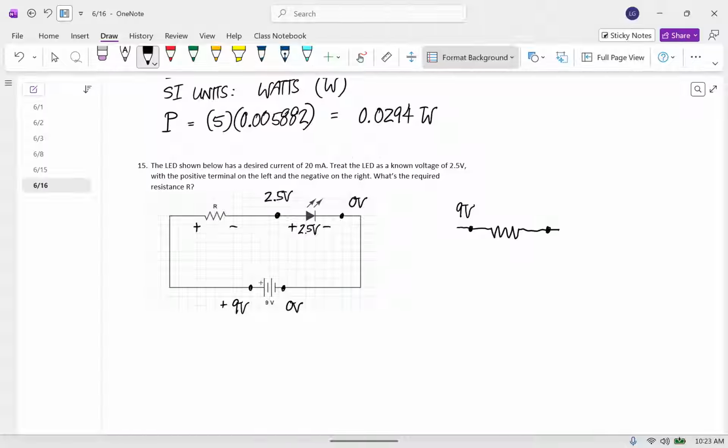So we figured out what the electric potential is here on the same wire as the right side of the resistor. So we'll call this 2.5 volts. And so what's the voltage across this resistor? Well, it's the difference between those two. So 6.5 volts.